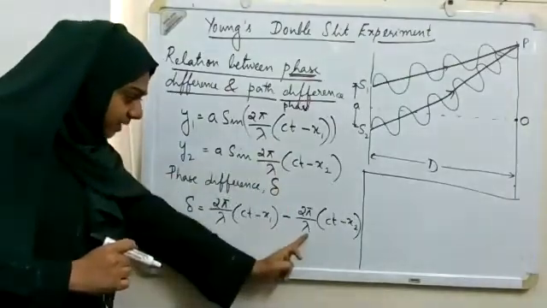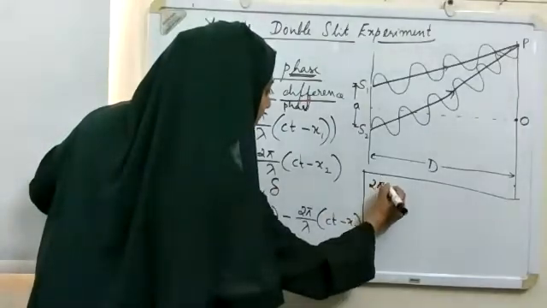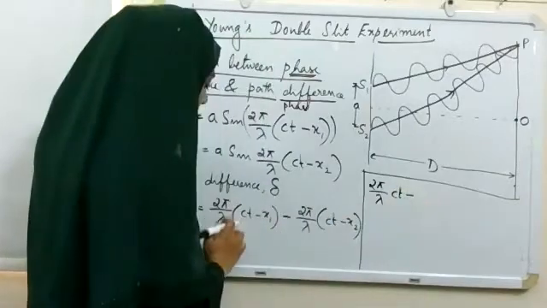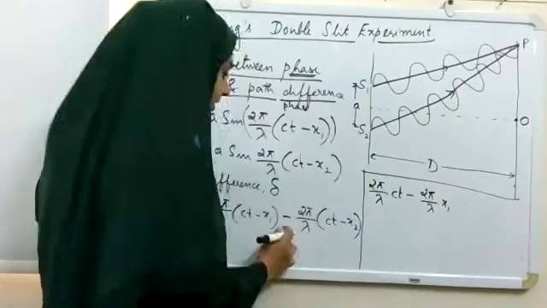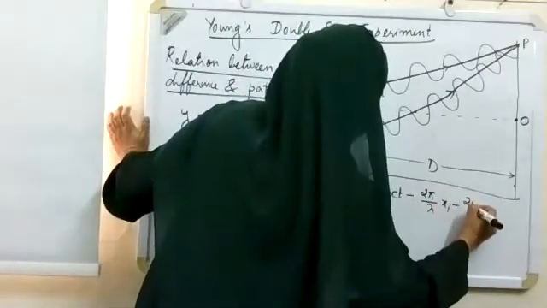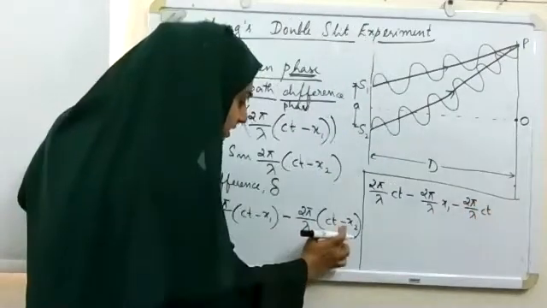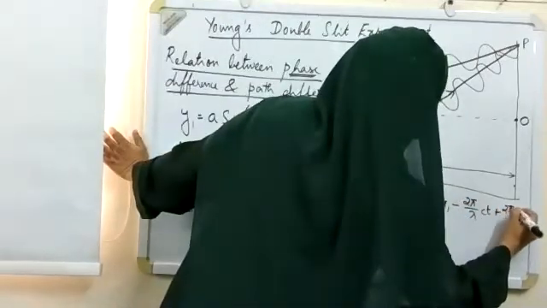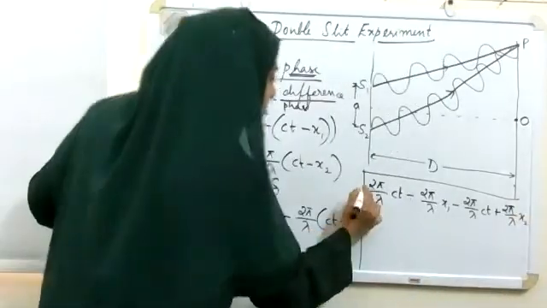So let me expand this expression. It will give 2 pi by lambda ct minus 2 pi by lambda x1, minus 2 pi by lambda ct, and minus times minus will become plus, plus 2 pi by lambda x2. So that is delta.